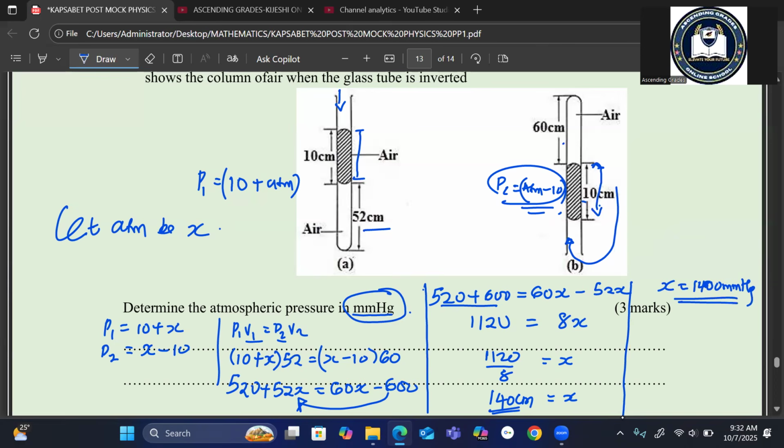It is from the calculation. We all know that the maximum atmospheric pressure is supposed to be 760 millimeters of mercury. But in this case, because we are just doing some calculation, you just let it be at 1,400 millimeters of mercury.